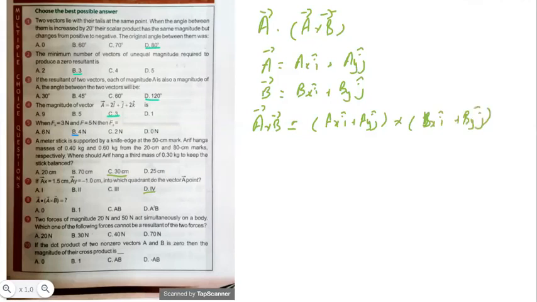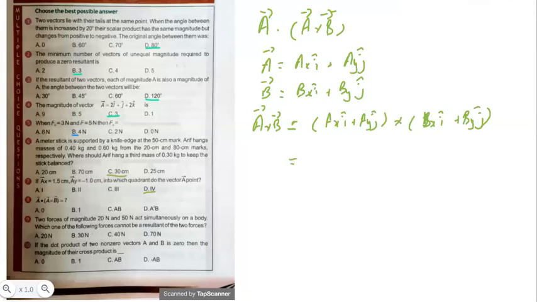Just remember one thing, that AXI into BXI is 0, since two vectors along the same direction will give a 0 product, because if the two vectors are along the same direction, then the angle will be 0 and the sine of 0 is 0. So the two vectors must be along the opposite direction.